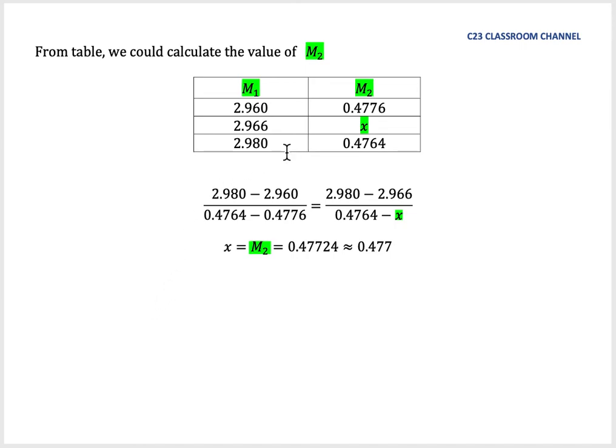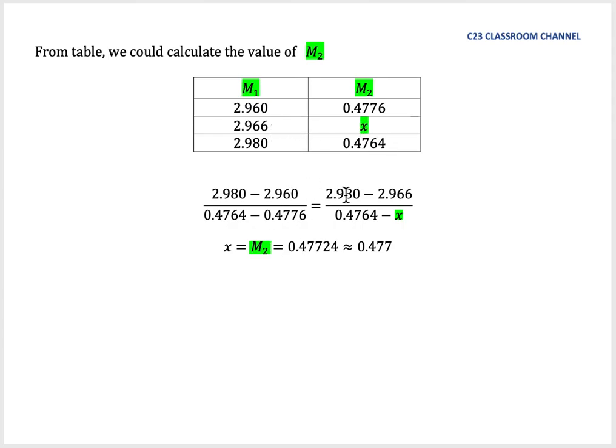From the table, we have these values: 2.96 gives 0.4776, 2.98 gives 0.4764. We have Mach number 1 is 2.966, but we don't know what Mach number 2 is.